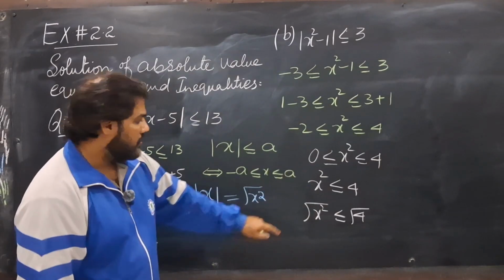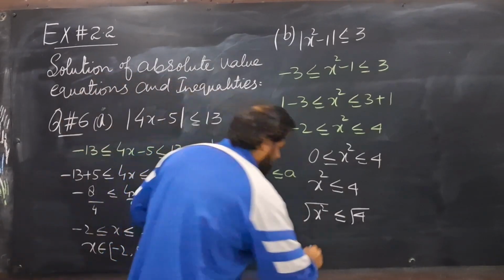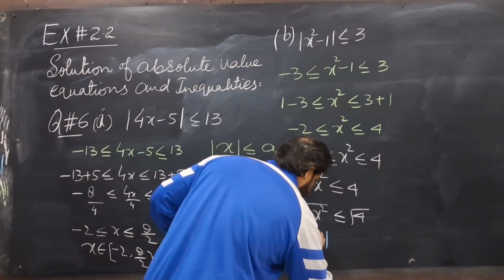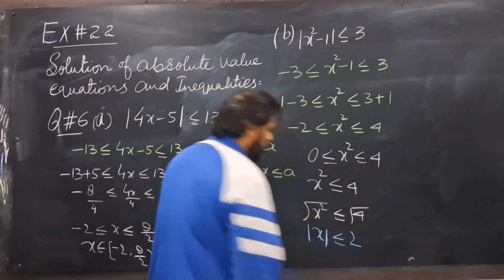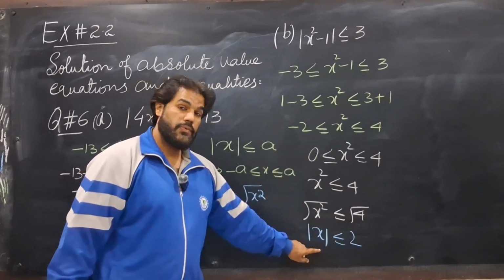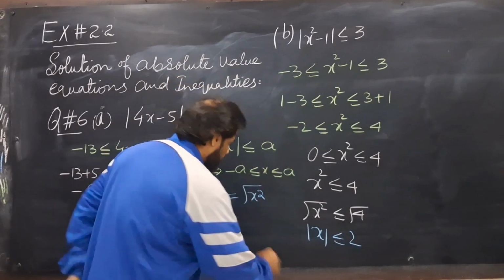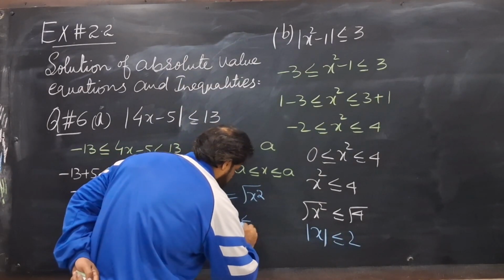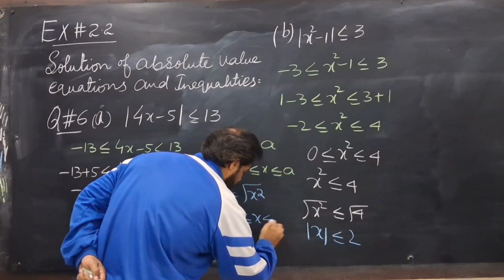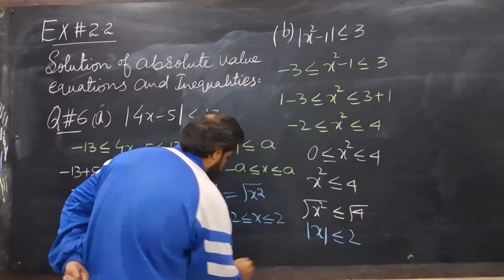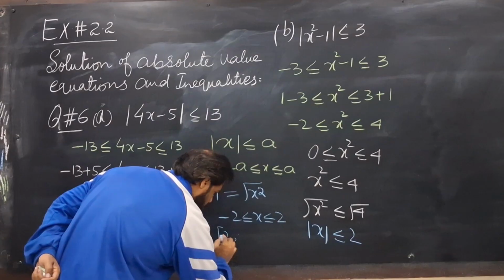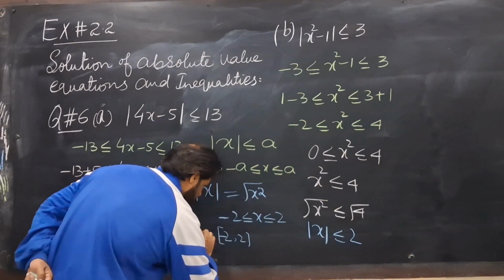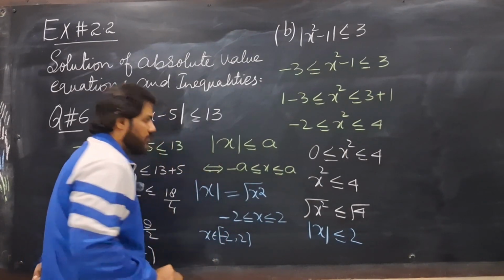So we can replace square root of x square with absolute value of x. What is the square root of 4? This is 2. Now by using this fact, we can write it as minus 2 less than or equal to x, x less than or equal to plus 2. So your solution set is the closed interval minus 2 to plus 2, where x is any real number.